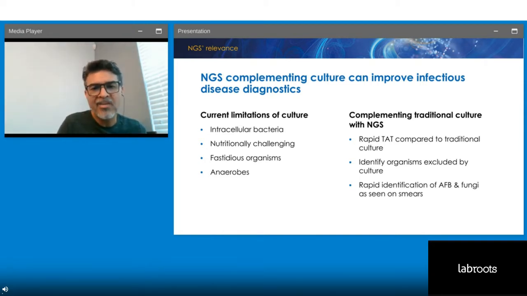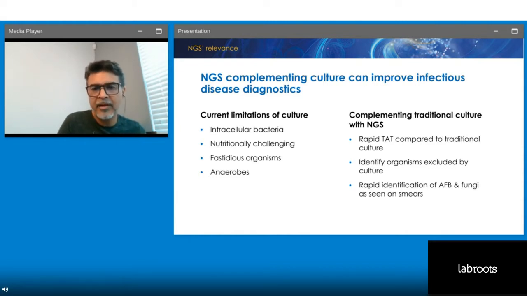We know AFB culture can take up to 8 weeks to grow, and fungal cultures are normally kept in the incubator up to 4 weeks. Having NGS able to identify mycobacteria and also fungi can provide a rapid identification in just a matter of a few days, 3, 4, or 5 days, compared with traditional culture.